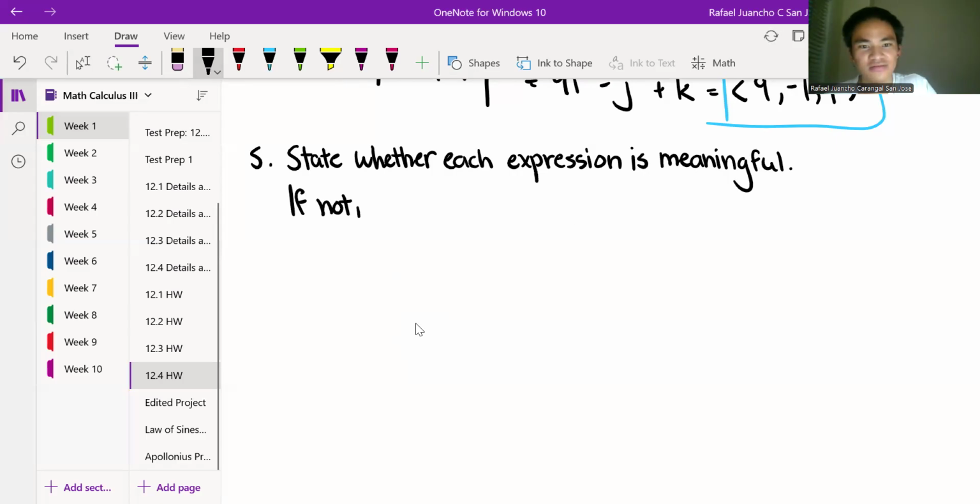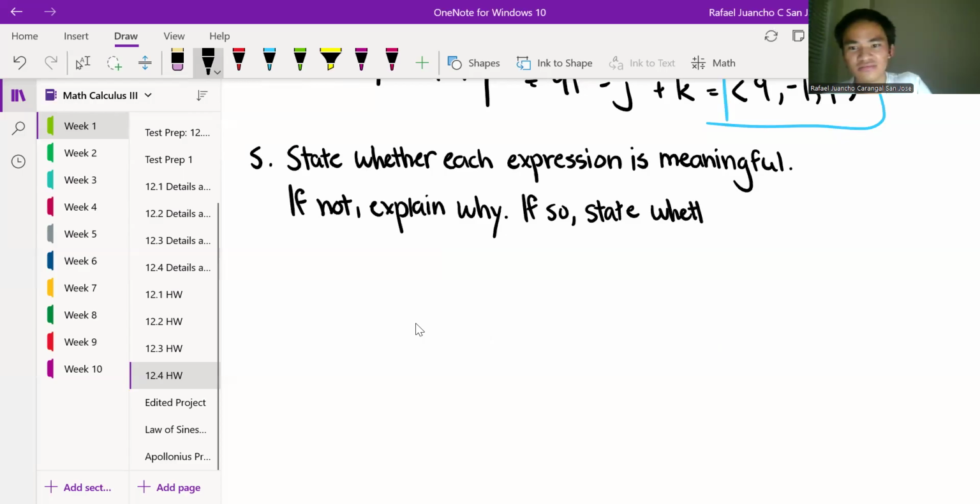If not, explain why. If so, if it's meaningful, state whether it's a vector or scalar. So dot product gives us a scalar, cross product gives us a vector.